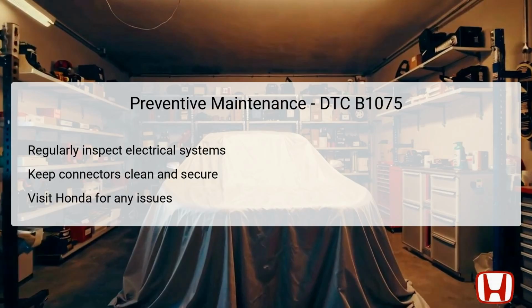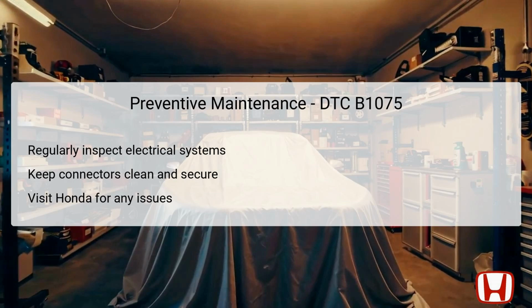To mitigate future occurrences of DTC B1075 and ensure the vehicle operates smoothly, engaging in preventive maintenance is crucial. Regular inspections of the vehicle's electrical systems will help identify any emerging issues before they develop into serious problems. This includes checking all connectors related to the headlight circuit to ensure they are clean, secure, and free from corrosion or damage.